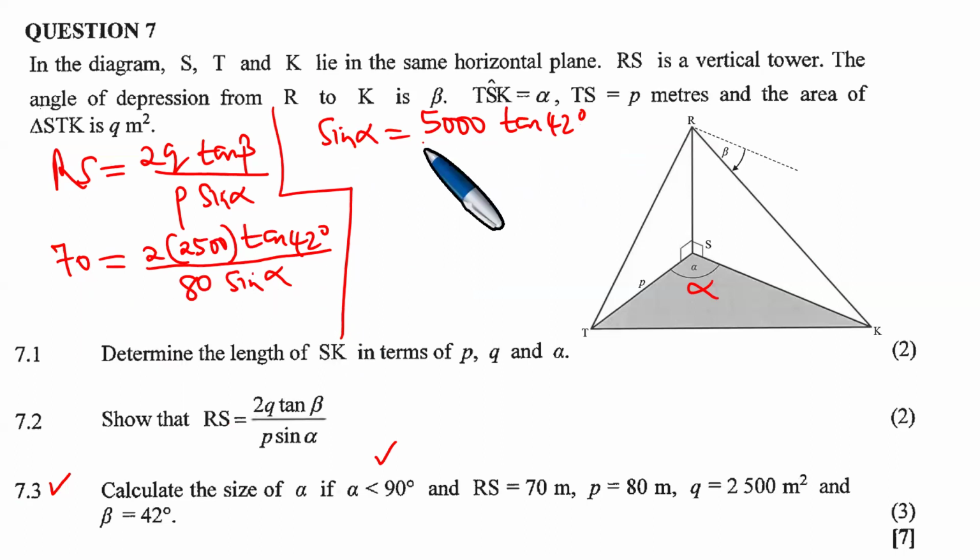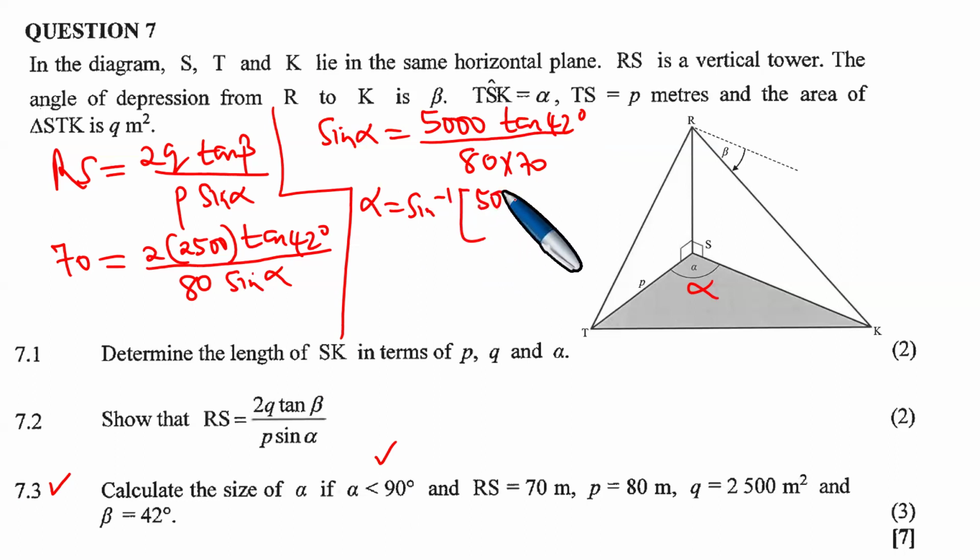And so now you're going to have in the bottom here 80 times 70, which means that alpha is arc sine of 5,000 tan 42 over 80 times 70.